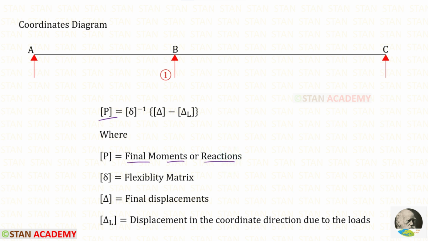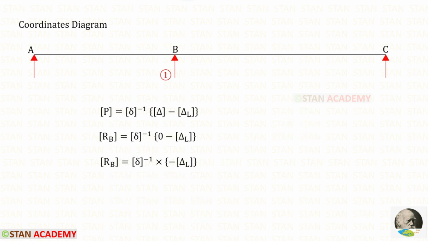Here there is only one reaction, that is RB. So P will be RB. At the point P, there is no sinking or settlement of the support. So the delta matrix will be a zero matrix. So this matrix will be 0. So that we will get this equation.